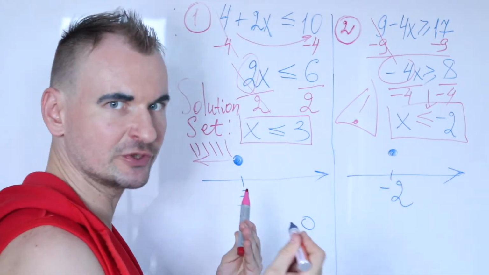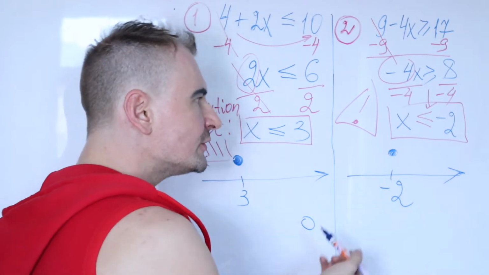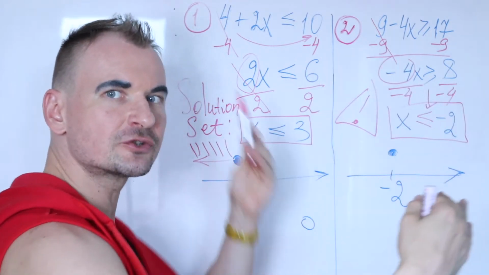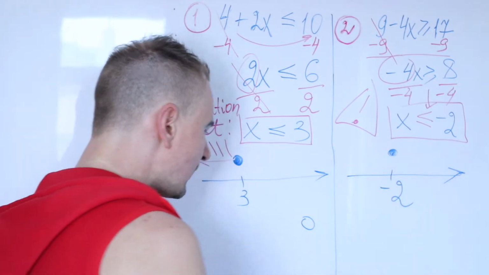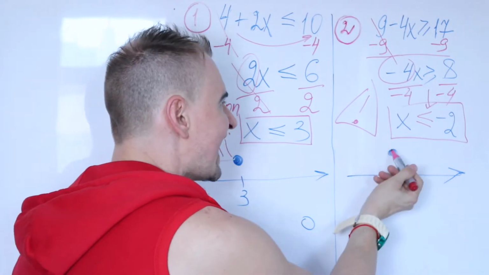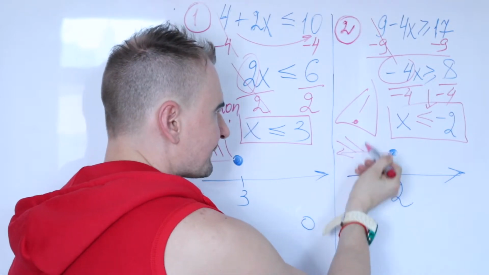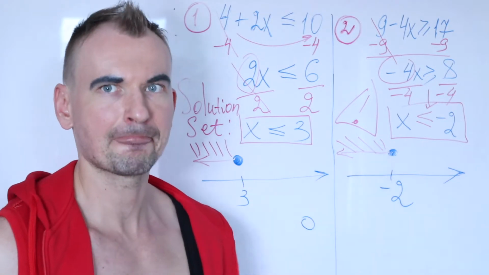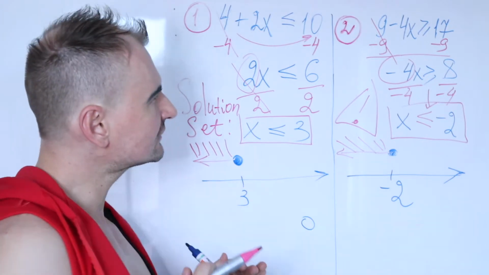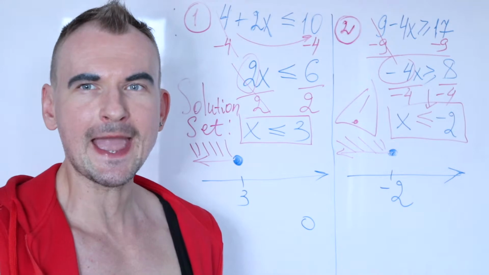It's not excluded in your solution. And you're going to choose where you're going, to the right or to the left. You're going to the left because less. It's all these numbers, all the way this way. So this is your solution set graphically. Alright, that was just for starters, and moving on.